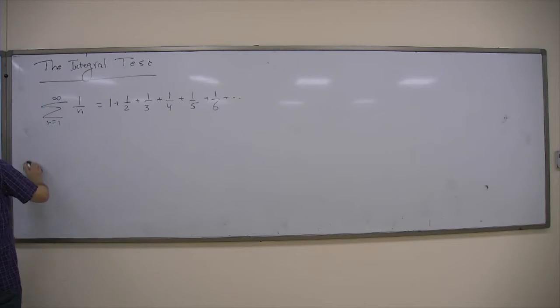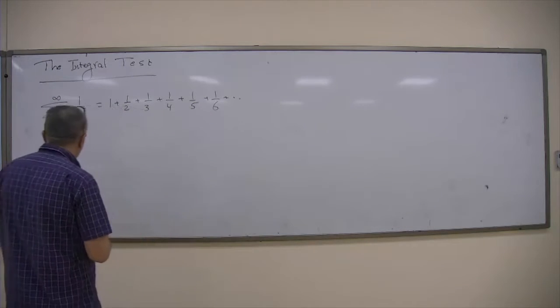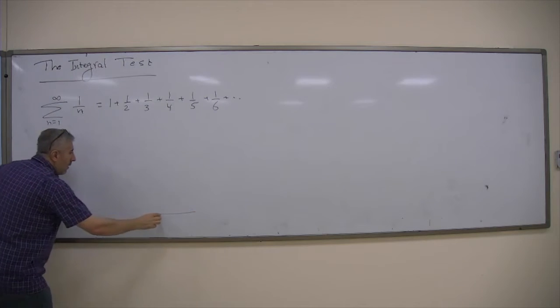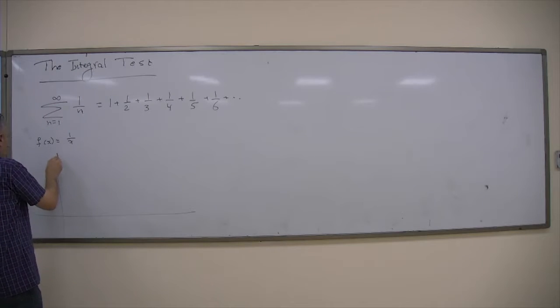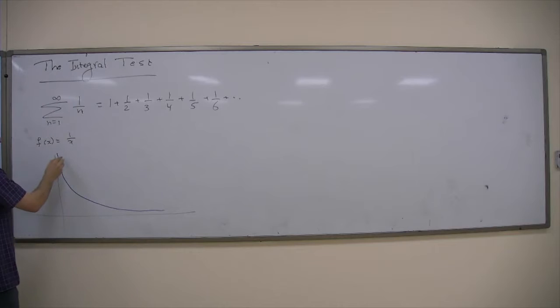Well, let's try to make a connection with something we already know. If you think about this function, f of x equals 1 over x, then you have this curve. It is decreasing and is asymptotic to the x-axis. This is y equals 1 over x.